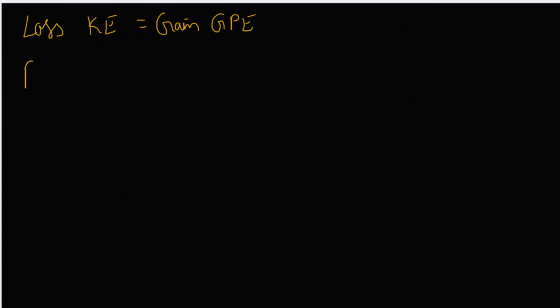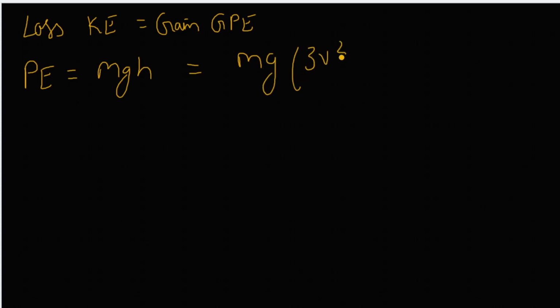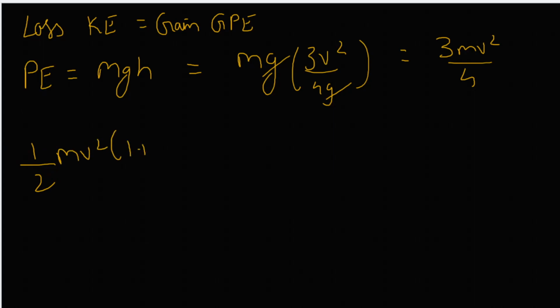So potential energy gained is equal to mgh, we know, but h is equal to 3v square by 4g, right? So we get mg into 3v square by 4g, which is 3mv square by 4. The g and g cancel. Now we have 1 by 2 mv square times 1 plus k, which is the total kinetic energy we have derived, equal to gain in potential energy, 3mv square by 4.